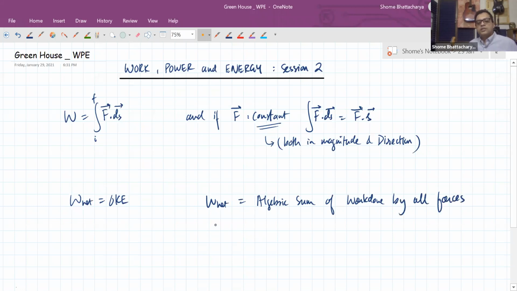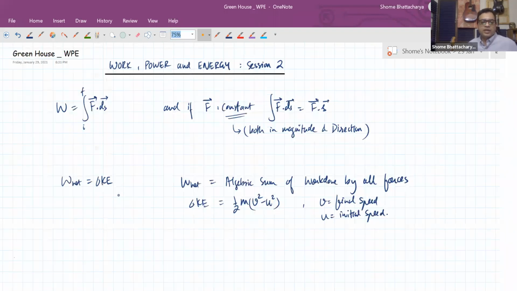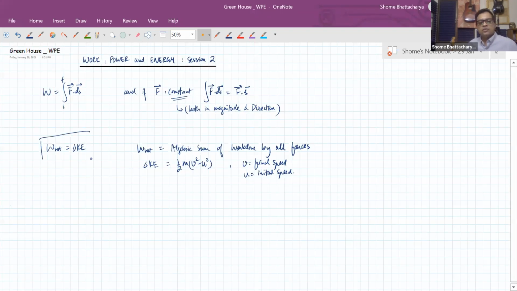And change in kinetic energy is defined as half m (v square minus u square), where v is the final speed and u is the initial speed. So let us start with an example or two of the application of this work kinetic energy relation. This over here is called the work kinetic energy theorem.